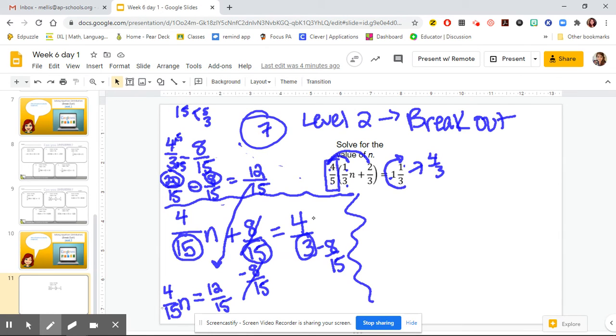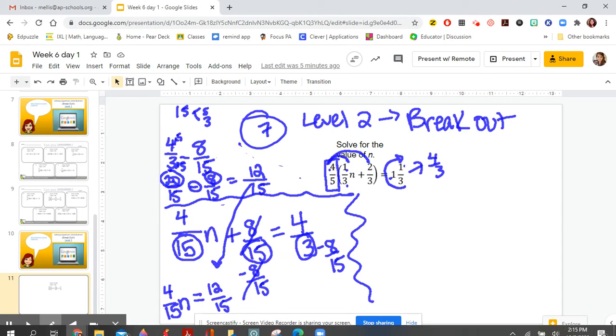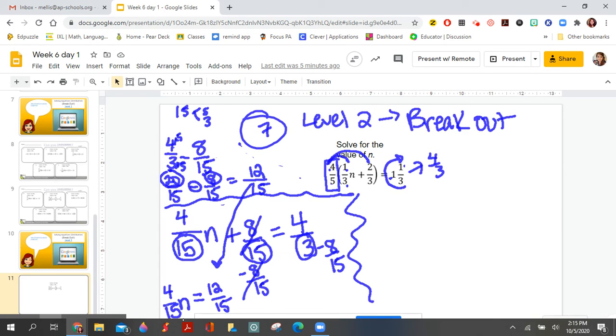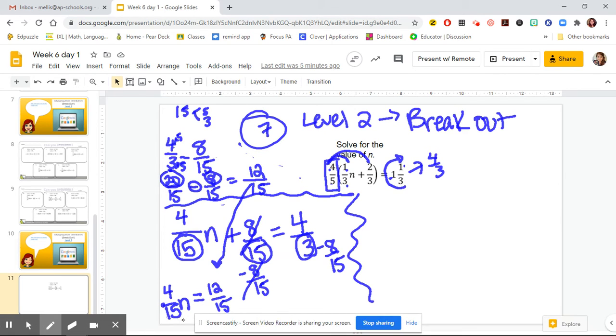So now what we've got to do is get rid of 4/15 because it's multiplied by n. So to get rid of multiplication, we actually divide by 4/15. Now that would be super complex. So what we're going to do is multiply by the reciprocal.